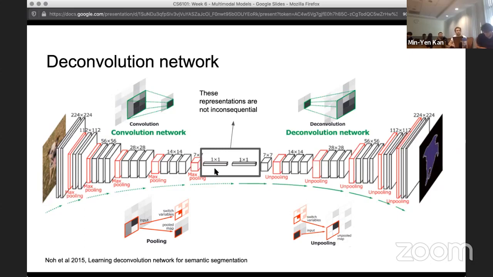The numbers in that vector are not inconsequential, meaning that they represent something that you can read from it, and that you can transform to represent something else. In this case, you can actually unpool and deconvolve the network to get back an image that represents the areas where the particular dog is represented.